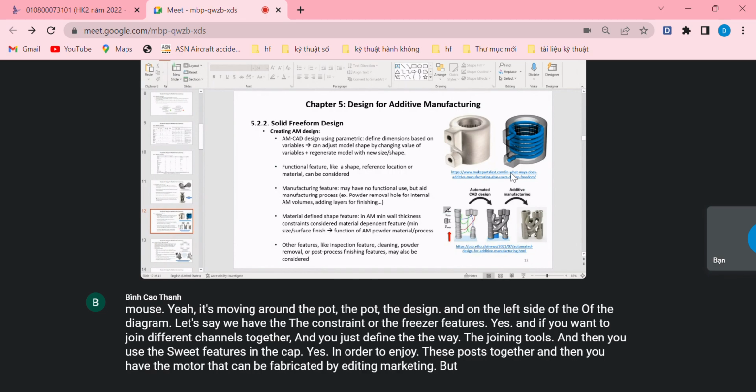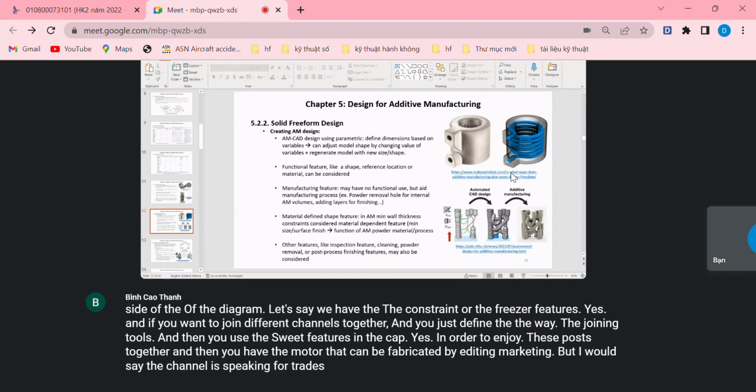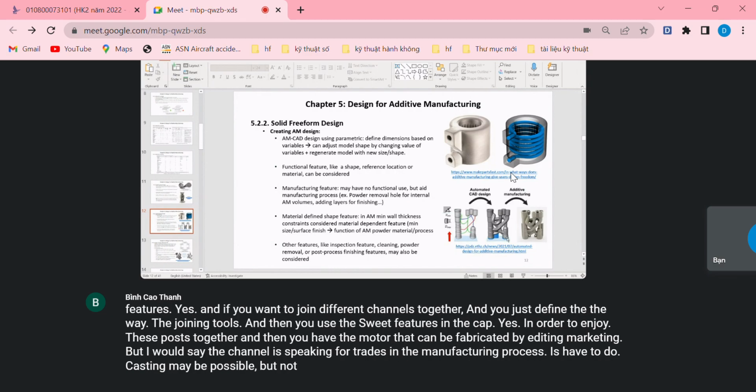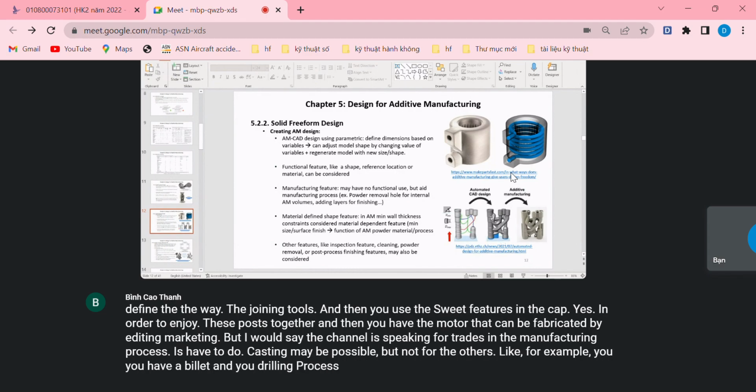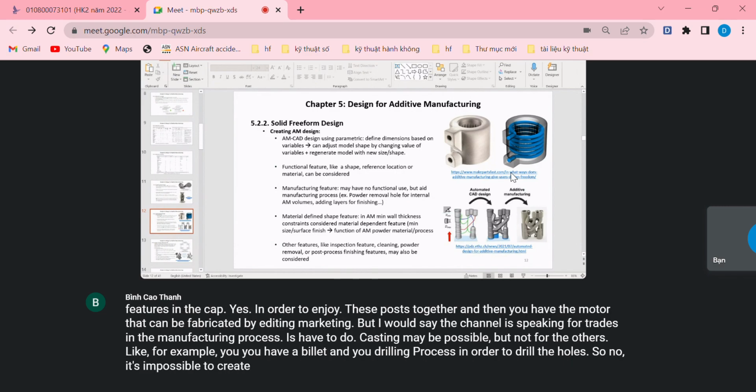But I would say that generally speaking, for traditional manufacturing processes, it's hard to do. Casting may be possible, but not for the others. For example, you have a billet and you use a drilling process in order to drill the holes. So it's impossible to create holes having curves like this.